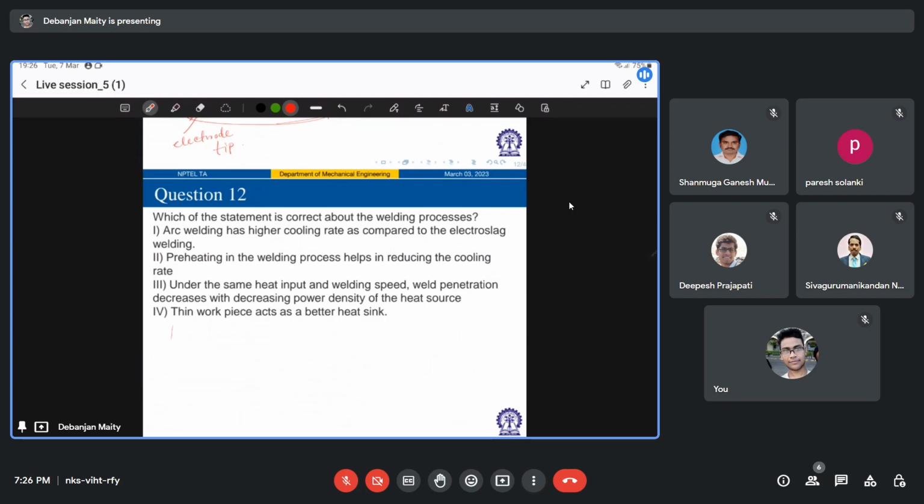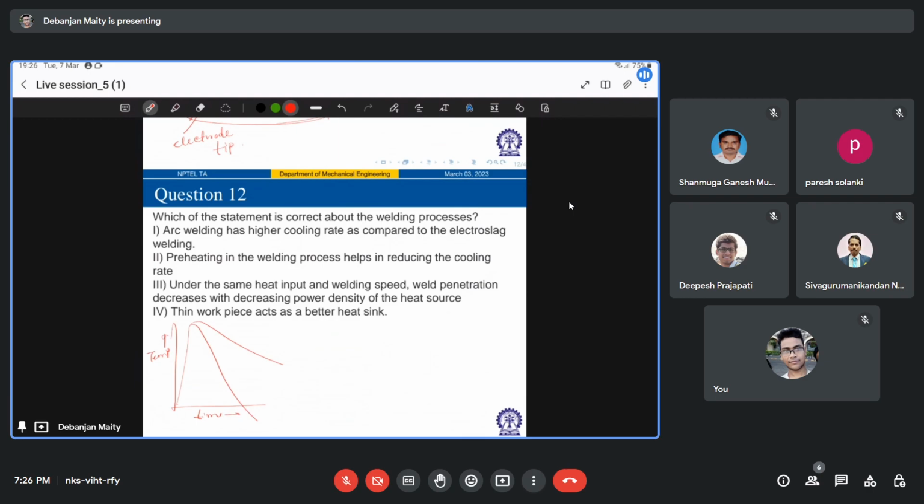For electro slag welding, the arc welding will have a higher cooling rate compared to electro slag welding, right? So this is temperature, this is time. There are different other welding techniques also, like laser beam welding, plasma arc welding, gas tungsten, gas metal, submerged.